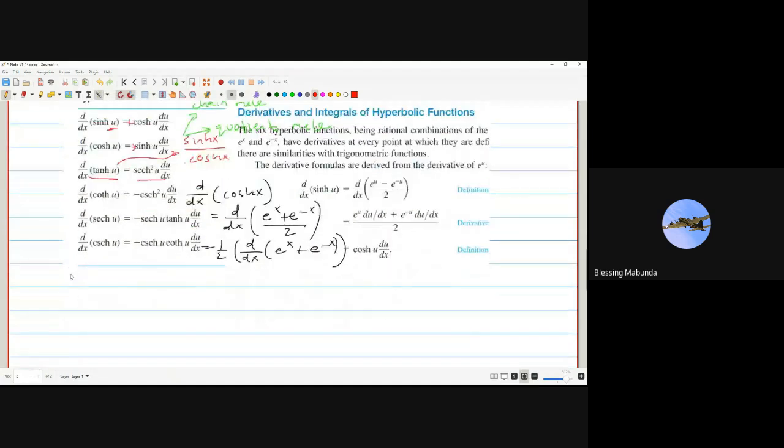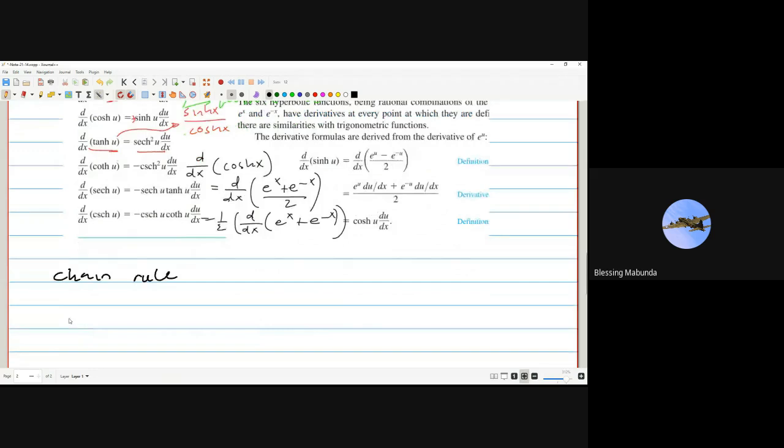So essentially for chain rule, what you're going to do is say you have d dx of sinh x multiplied by cos x inverse, right?